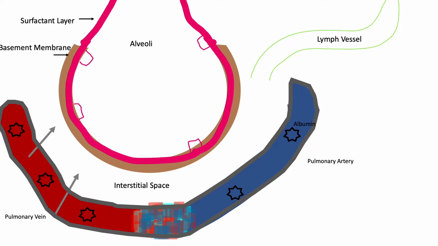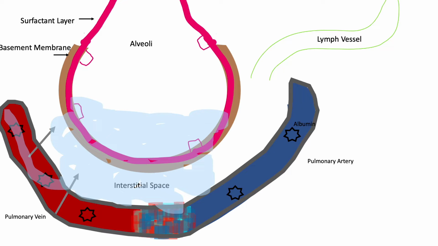You can see increased hydrostatic pressure with cardiogenic pulmonary edema. As we're pushing more fluids, we're getting this accumulation of fluid in the interstitial space. This pressure can be high enough that even though the lymph vessels are draining the fluid, it can be at a higher rate, so it's overpowering the lymph vessels.